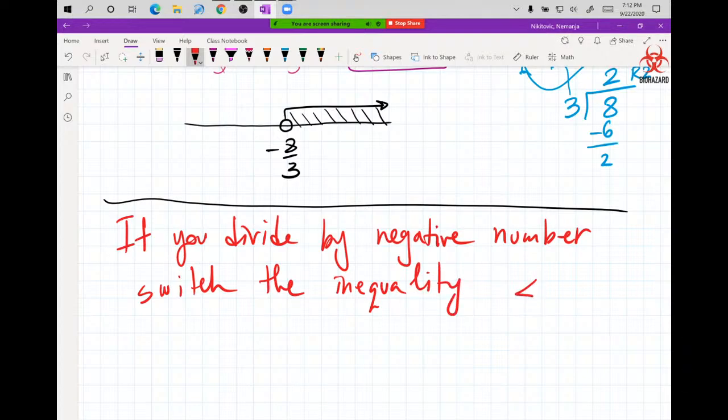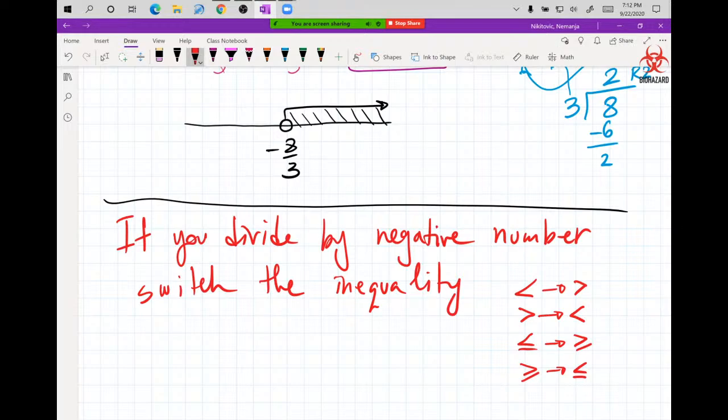So less than becomes greater than, less than or equal becomes greater than or equal, and greater than or equal becomes less than or equal. So your job is to switch the inequality if you divide by a negative number.